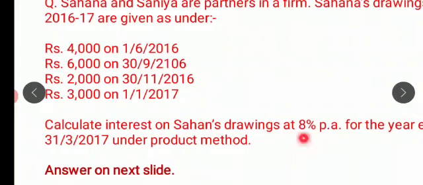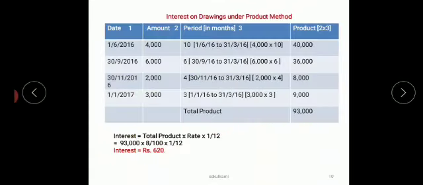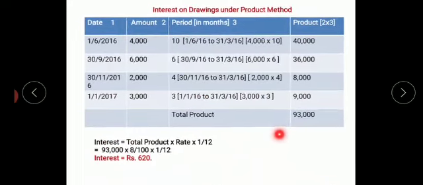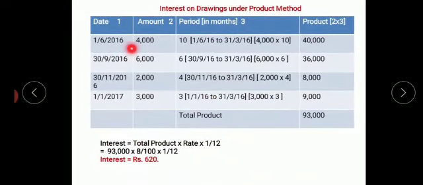I have to calculate interest at 8% for the year 2017 under product method. We'll see what the interest on drawings is.